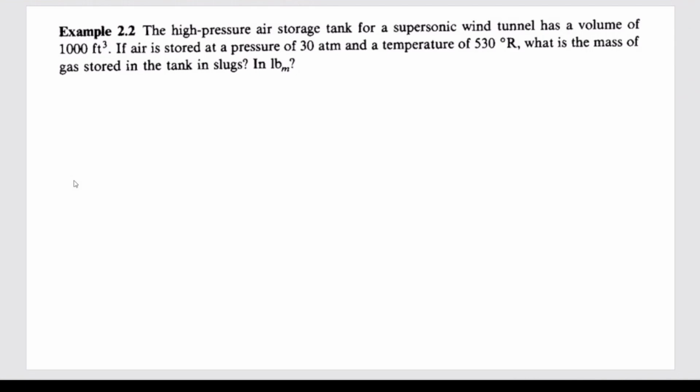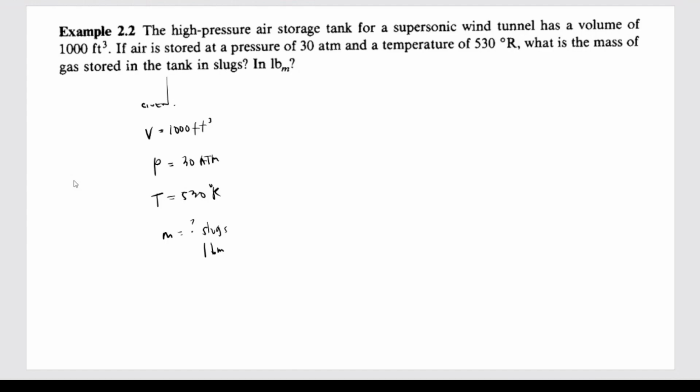So, the given is volume 1,000 feet cubed, air stored at a pressure of 30 atm, temperature of 530 Rankine. What is the mass in terms of slugs and pound mass?